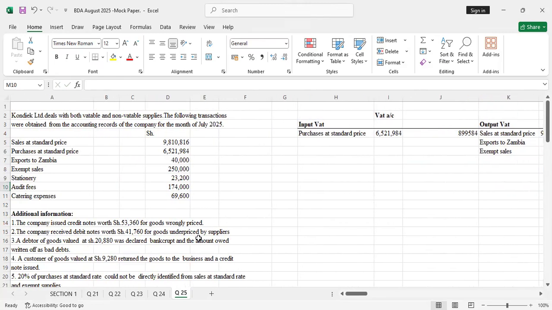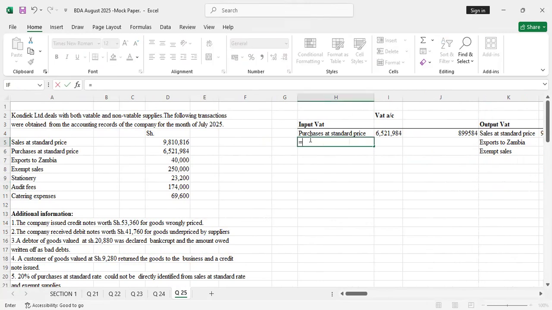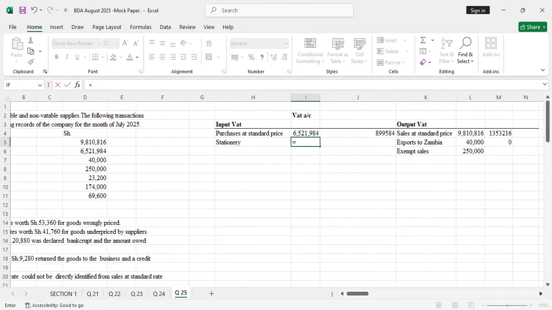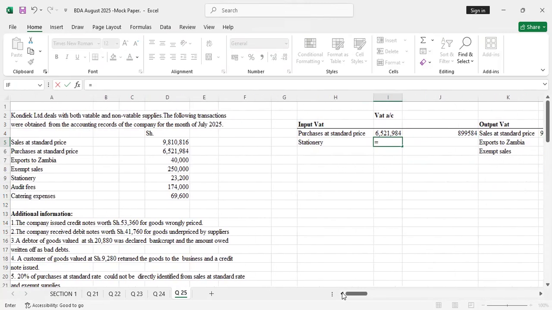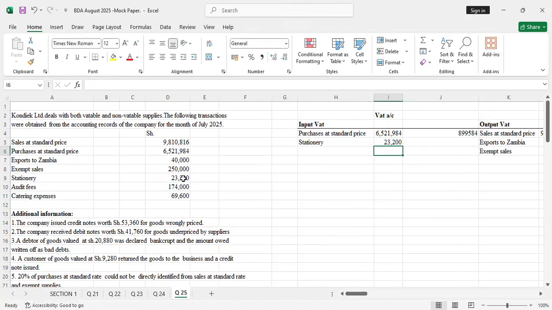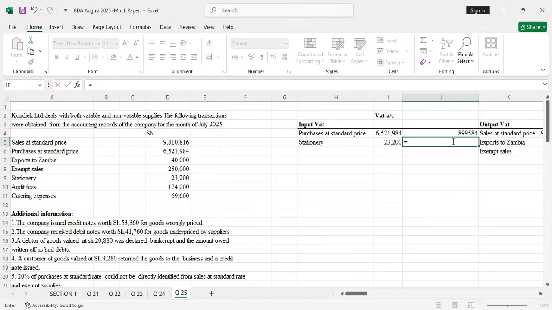Okay. Then we have stationery. These are stationery purchased by Kondiek Limited. So that's an input VAT. Stationery is subject to value added tax. The amount for stationery was 2320. And then the VAT will be 2320 times 16 over 116.